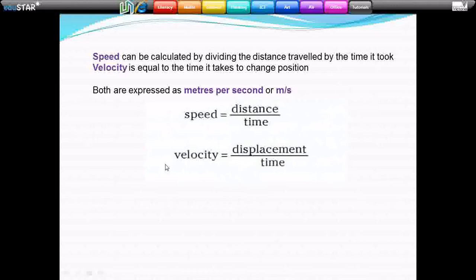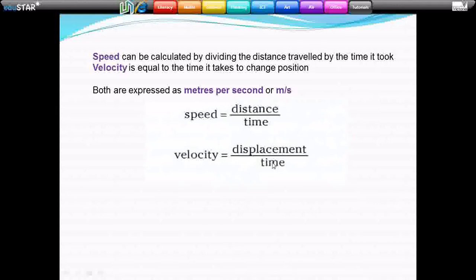The next element is to look at how fast things move, and it's useful to measure how fast things move. Speed and velocity are the two measures of how fast something is, and the key difference between the two is that speed is distance divided by time, and velocity is displacement divided by time.